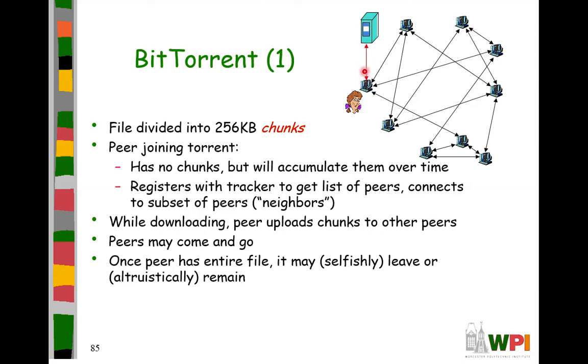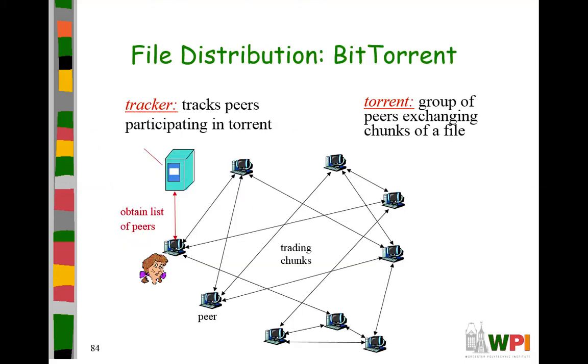Then among these peers, it can contact others. For example, when this peer wants to join the peer-to-peer network, she will contact the tracker. The tracker provides a list of peers. Among this list, she connects with these peers. So these peers become the neighbors of this joining peer, this new peer.